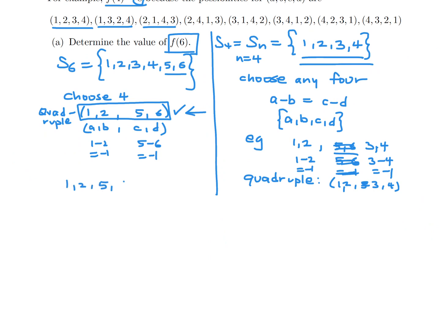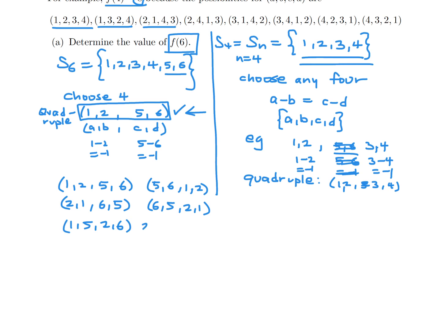So the first one is the original one, but 5, 6, 1, 2, that also would work. And then so would 2, 1, 6, 5. And these are not that difficult to figure out. 6, 5, 2, 1, that would also work. 1, 5, 2, 6. 2, 6, 1, 5. 5, 1, 6, 2.